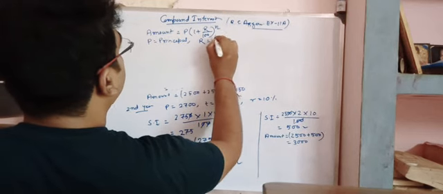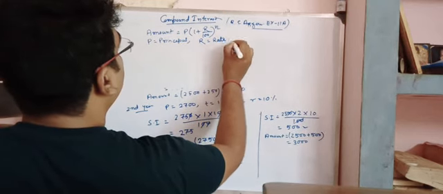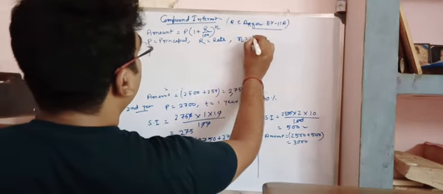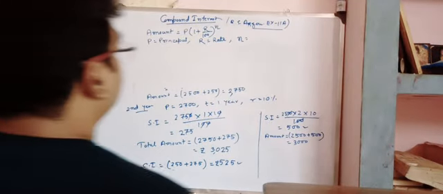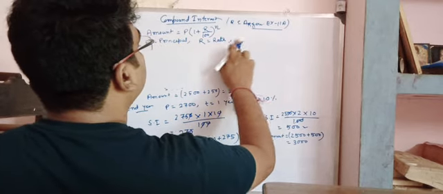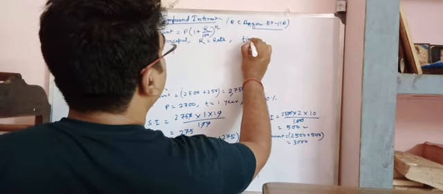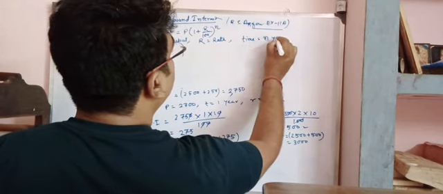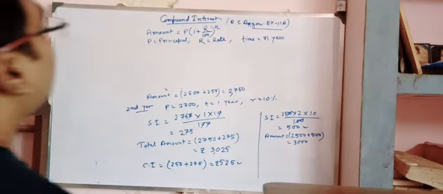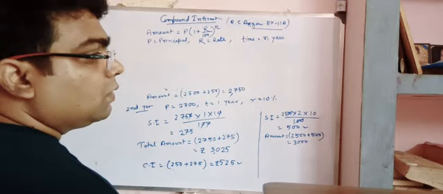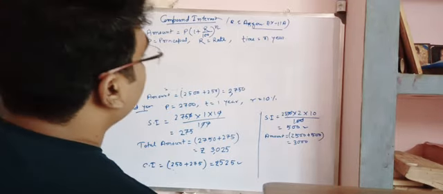R is equal to rate, and n is my number of years, time is equal to n years. Okay, so this is the formula for directly finding the amount in compound interest.